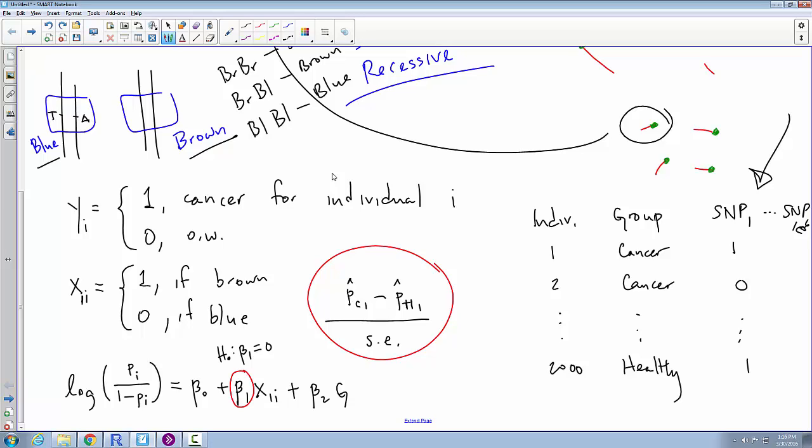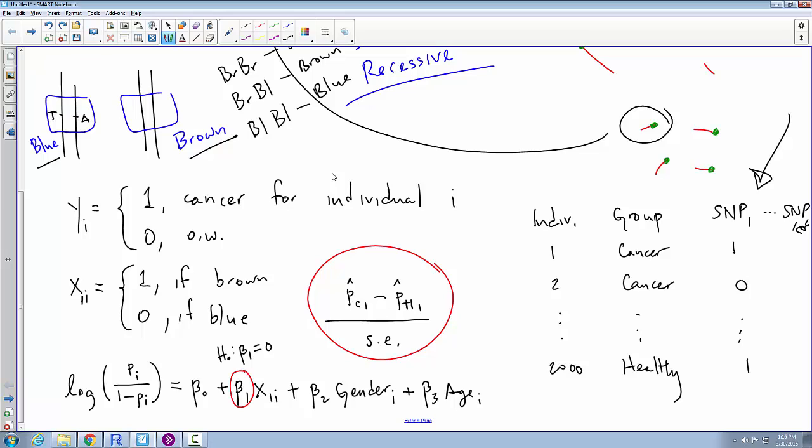So gender and so on. In which case, you're asking, is there an association of SNP1 to cancer adjusted for covariates, which is always a good idea to limit the possibilities of confounding.